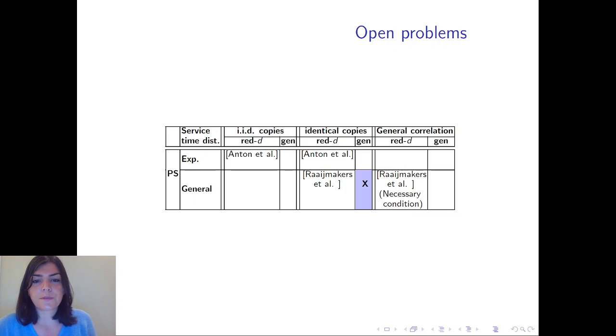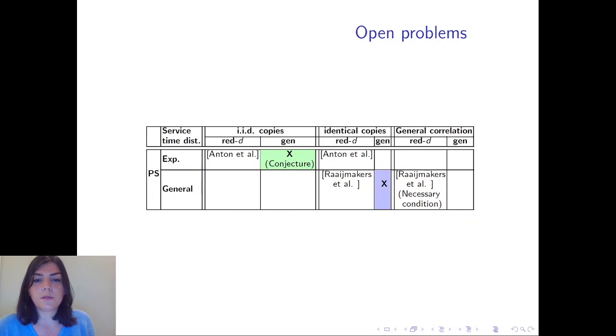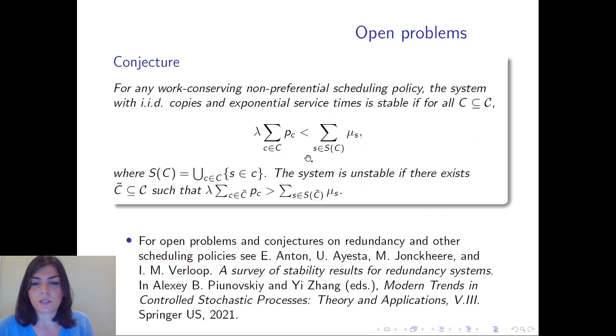Now, we are going to provide a conjecture for the case of exponentially distributed service time with IID copies and the general redundancy structure.